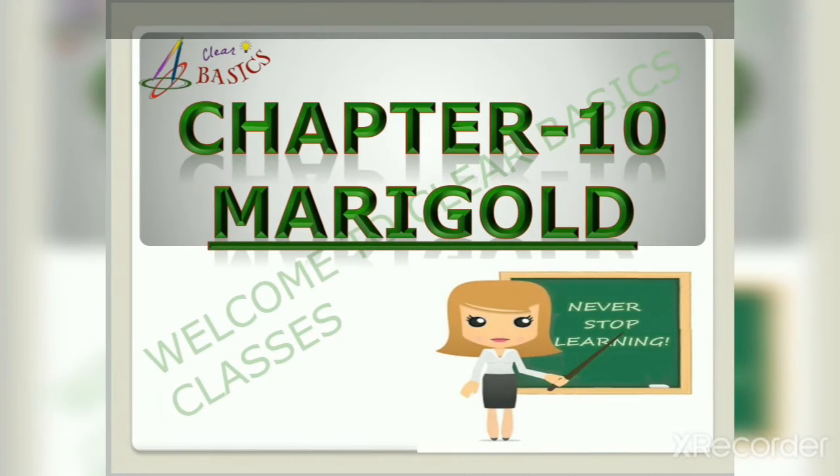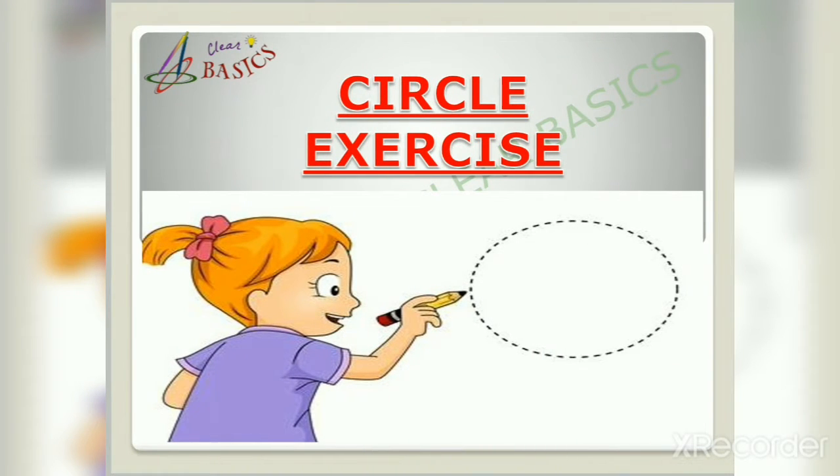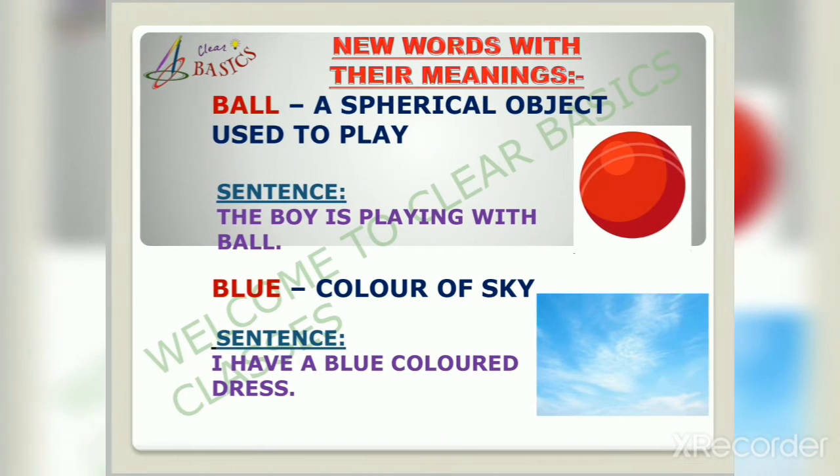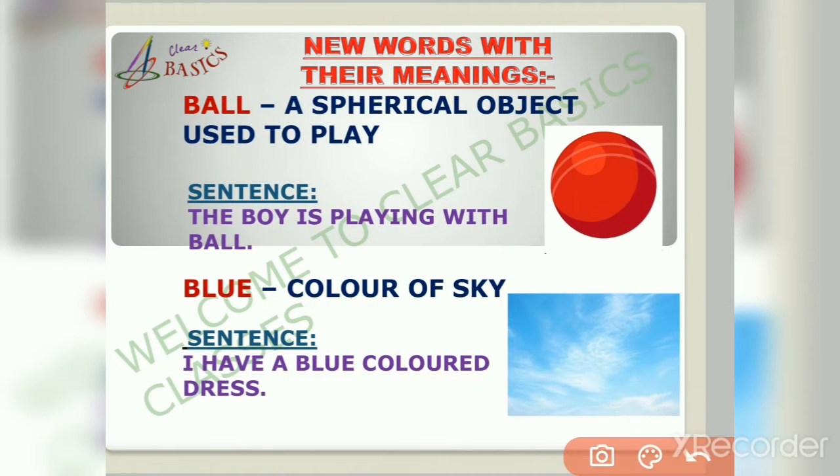Today in this video, we will cover the exercise part of chapter number 10 of Marigold, that is Circle. So friends, let us move on to our first slide. Now friends, let us know some new words with their meanings from this story along with example sentences.